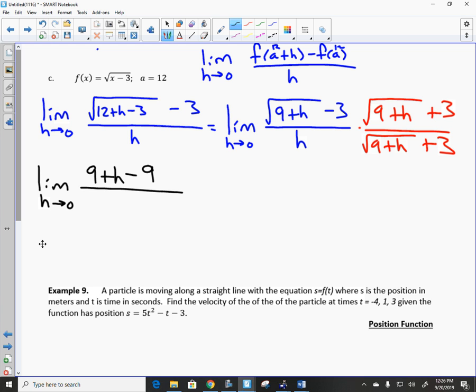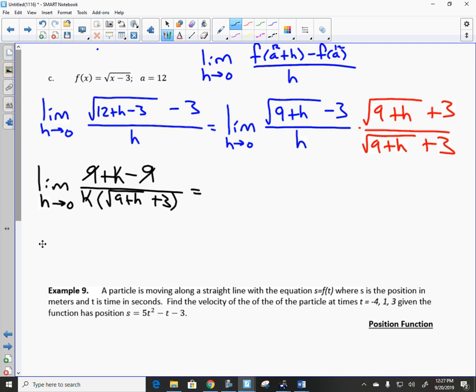You're not good enough at algebra to be sloppy with it right now, folks. Keep your stuff in order. h times the quantity, square root of 9 plus h plus 3. This is h times all that. The 9s are gone. You're left with an h on top, which will cancel with the h in the bottom.